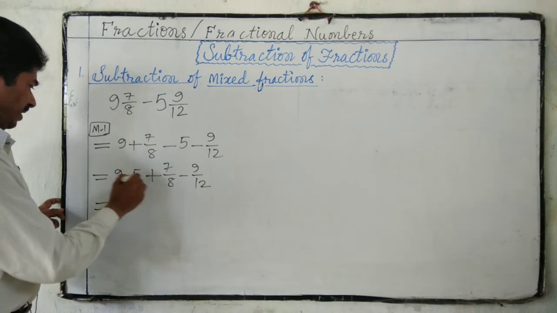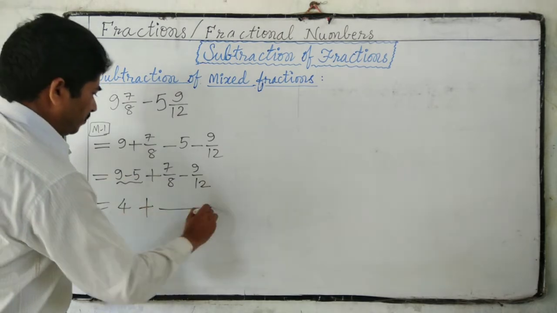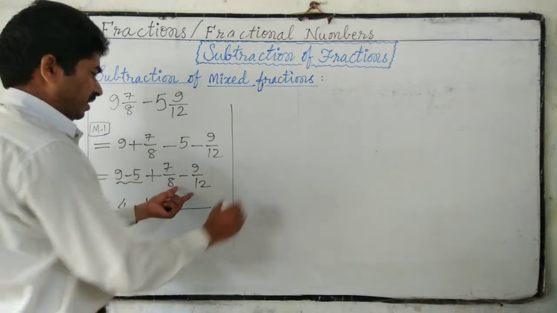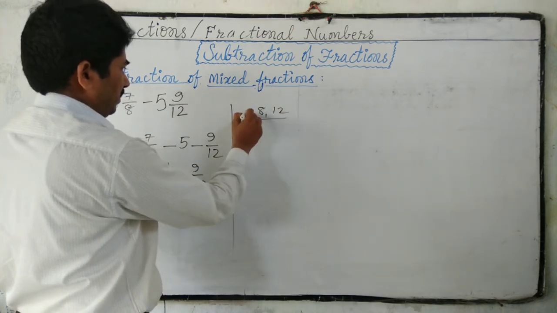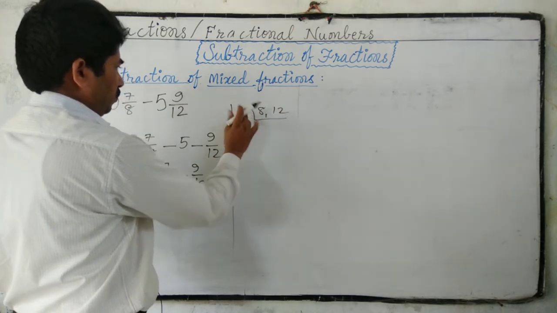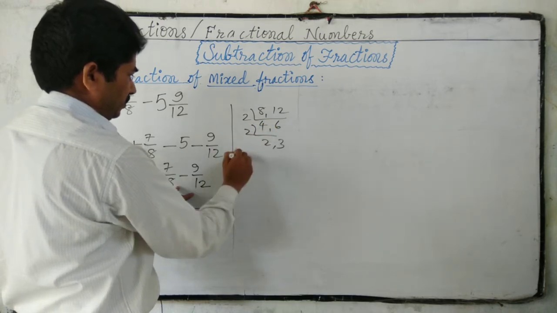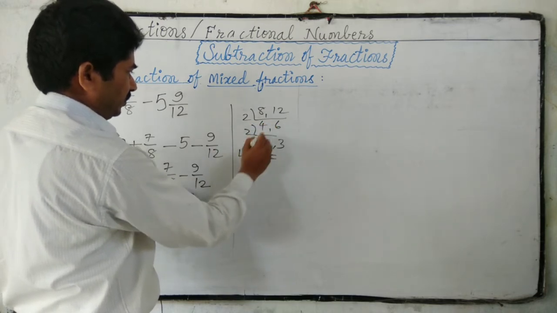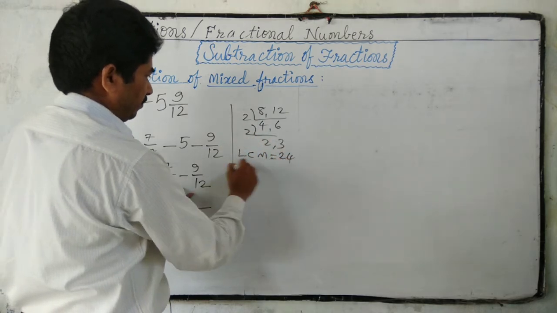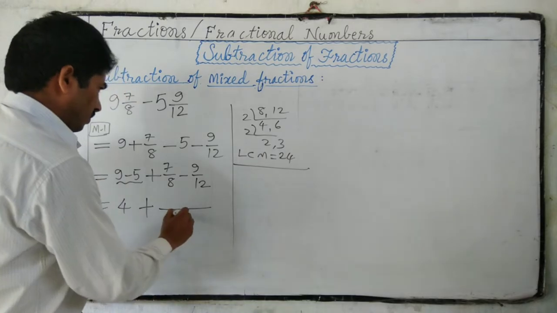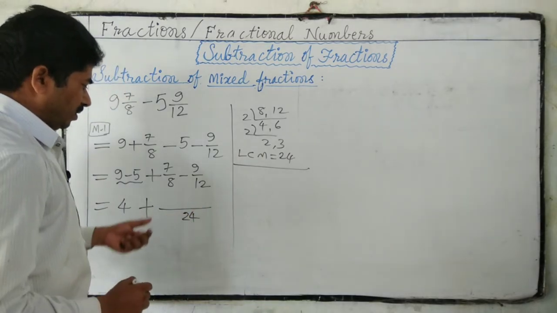9 minus 5 is 4, plus, here we have to take the LCM of the denominators 8 and 12. 2 fours, 2 sixes, 2 twos, 2 threes. So the LCM of these numbers is 2 twos are 4, 4 twos are 8, 8 threes are 24. Write 24 as the denominator.